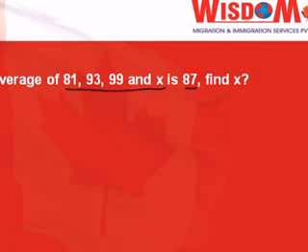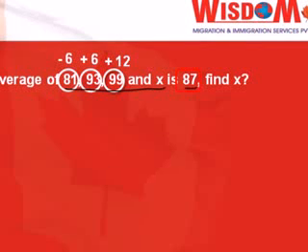Now 87 gives a deviation of negative 6 from 81, positive 6 from 93 and positive 12 from 99. If we calculate the net deviation, it comes out to be positive 12, which means that x should be giving a deviation of negative 12, so that it can become the average.